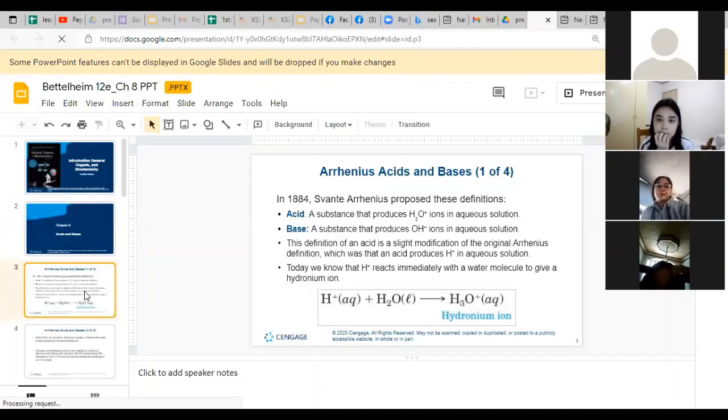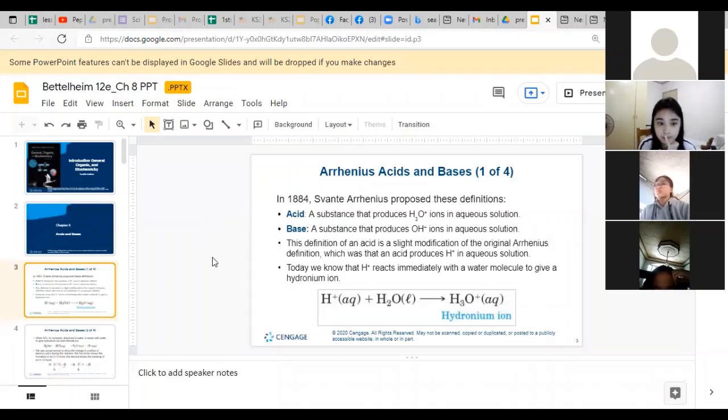Okay, so acids, we'll be talking about establishing our definition of what is an acid or a base. This is taught in high school. However, I'll include this as part of your lab to explain what acids and bases are.